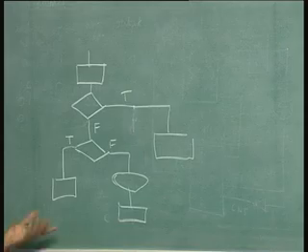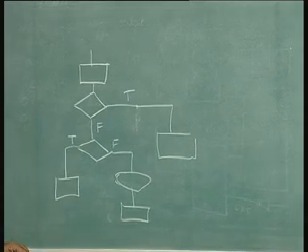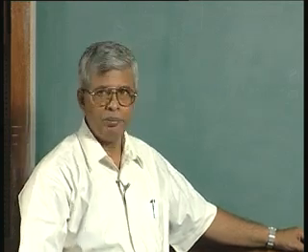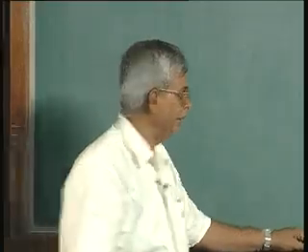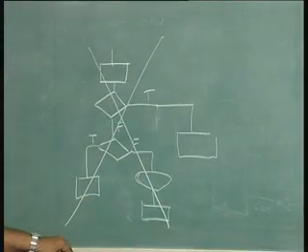Something like this is an accepted ASM. We know how to draw the next state table for this, or the ASM table as it is called. You can draw the ASM table for it and implement it using multiplexers, using ROM, whatever. But this is not allowed for a microprogram approach.